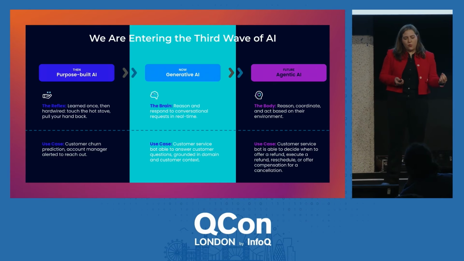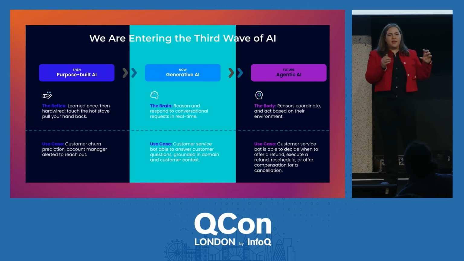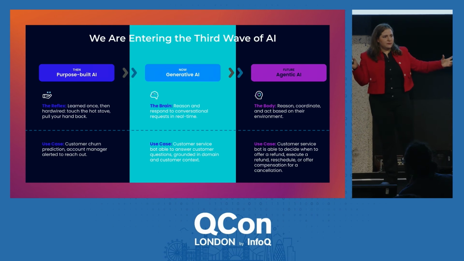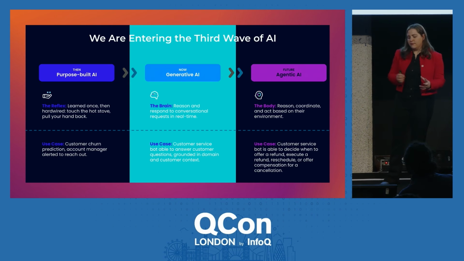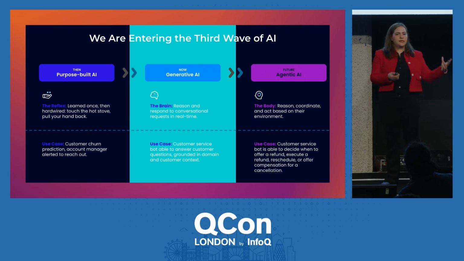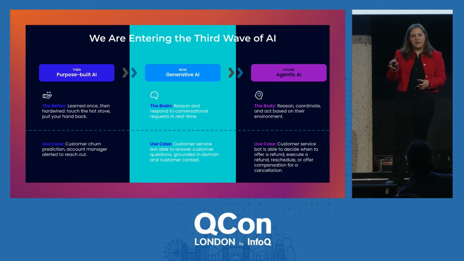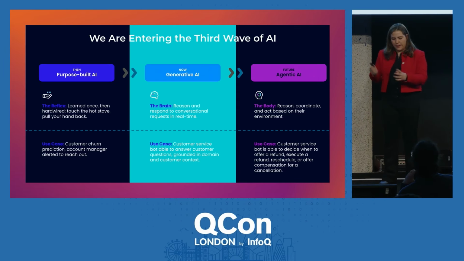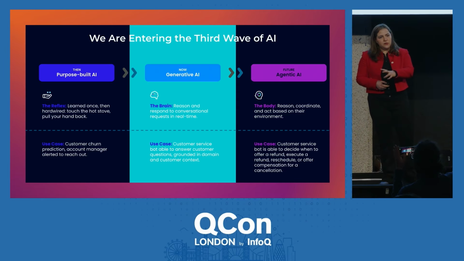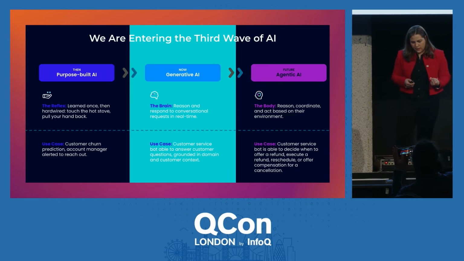So now we're moving away from giving it the answer to everything. Build me the new e-commerce application. This is not going to work with agents, but we're making it very, very specific. Create this database connector, for example. And we give it the tools to do that work, and we're going to look into how it can do that.